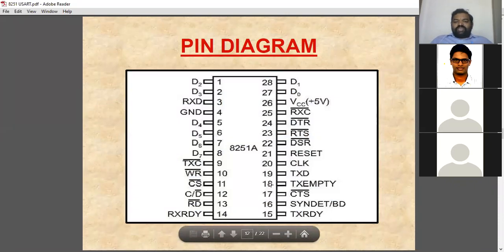Pin numbers 17 and 22 are input pins, and pin numbers 24 and 23 are the output pins of the 8251. You need to remember these four. These four are important. Pin number 17, 22, 23, 24.